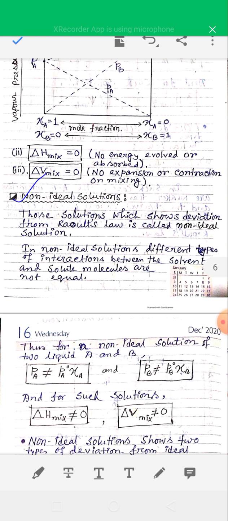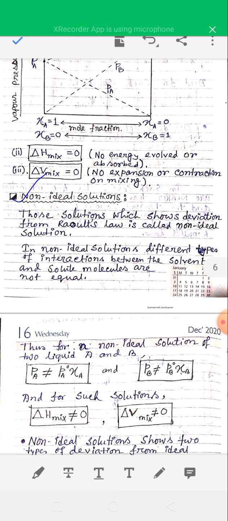In non-ideal solution, the different types of interaction between solvent and solute are not equal. But in ideal solution, the different types of interaction between solvent and solute are equal.